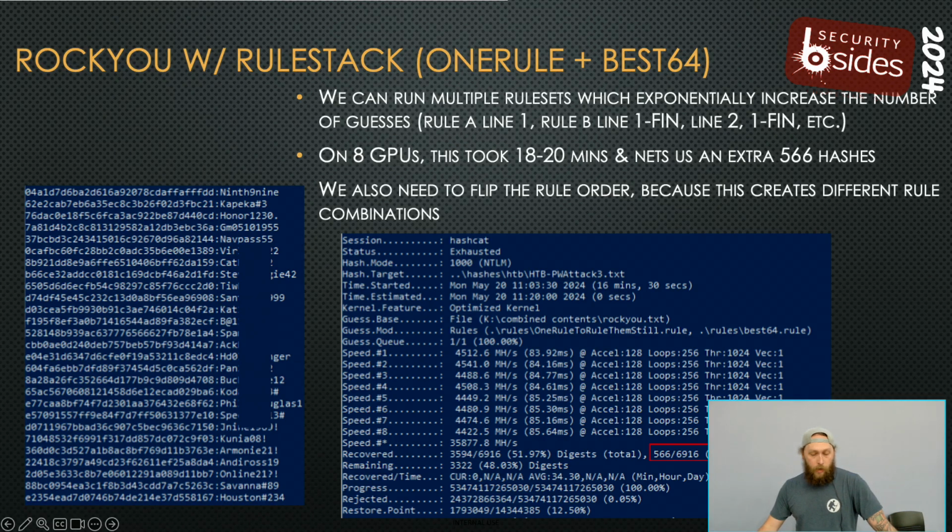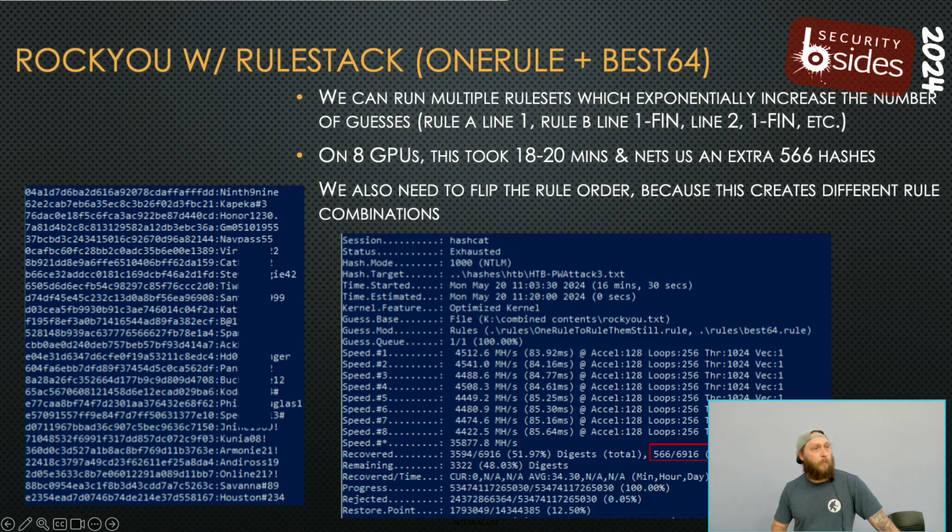This is extremely fruitful. However, it does rely on the virtual RAM of your GPUs. So you can't use one big rule set on itself to make crazy guesses. You don't have enough memory for that. I think that alone, you need like 80 to 90 gigs of virtual memory. So it just does not work.